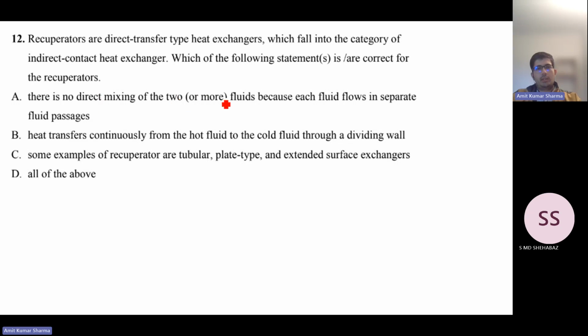Statement A is there is no direct mixing of the two or more fluids because each fluid flows in separate fluid passages. B, heat transfers continuously from the hot fluid to the cold fluid through a dividing wall. C, some examples of recuperators are tubular, plate type, and extended surface exchangers. D, all of the above. So take 2 minutes, go through all the four options, and let me know the answer.